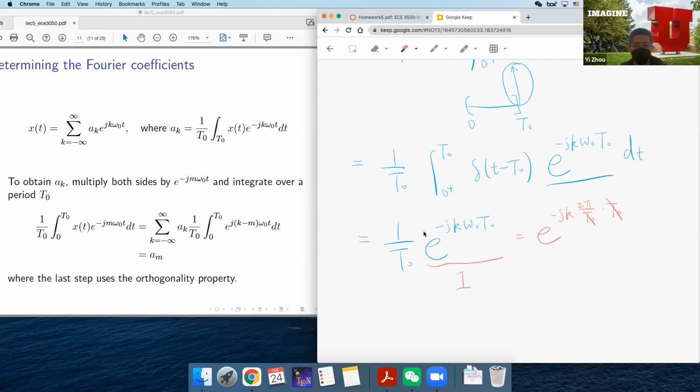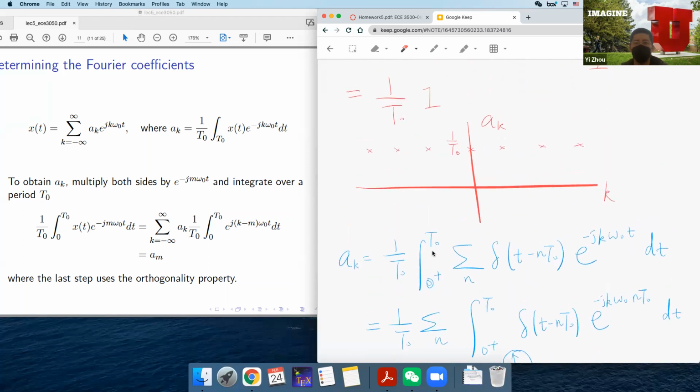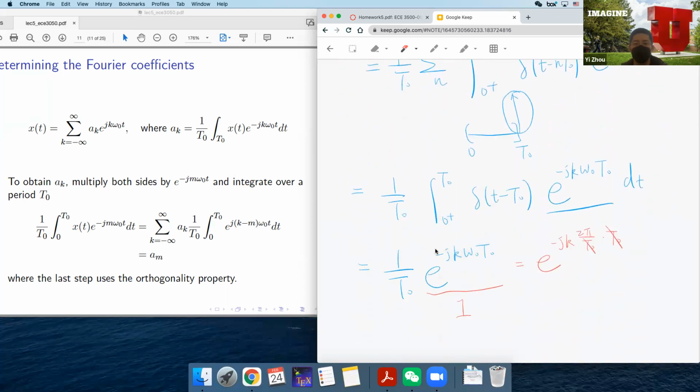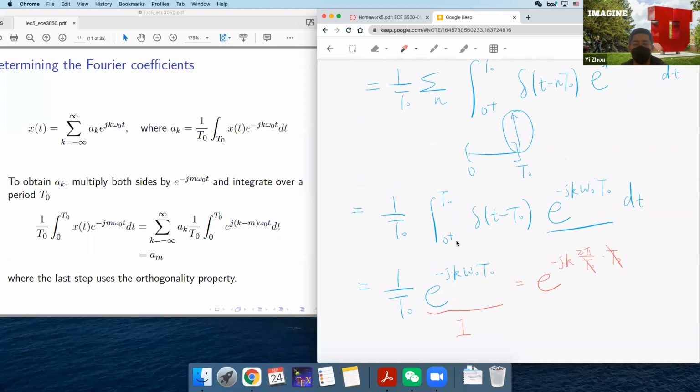And then we have the same result. So no matter which interval, which period you choose, because of the periodic structure of this complex exponential, we always get the same result.